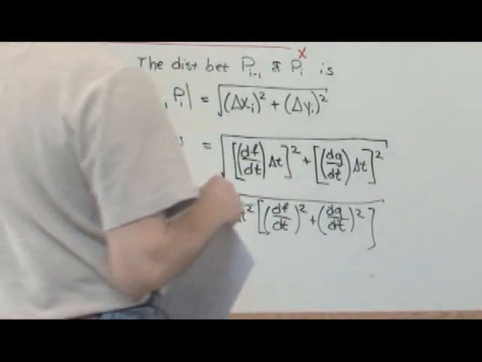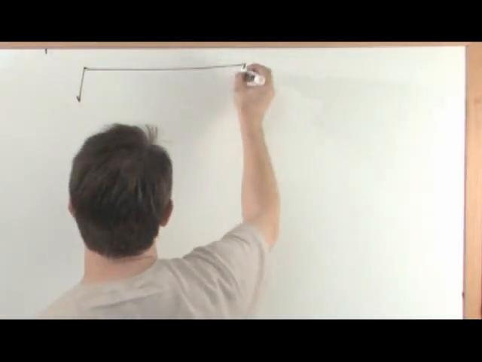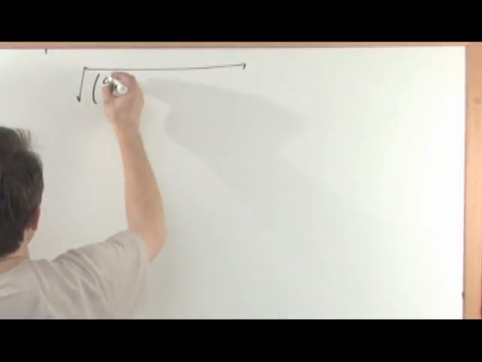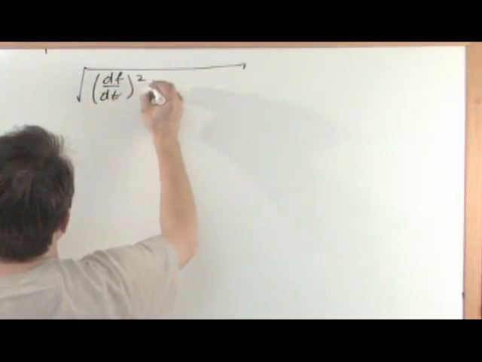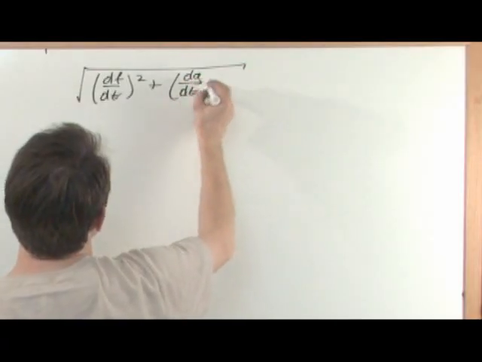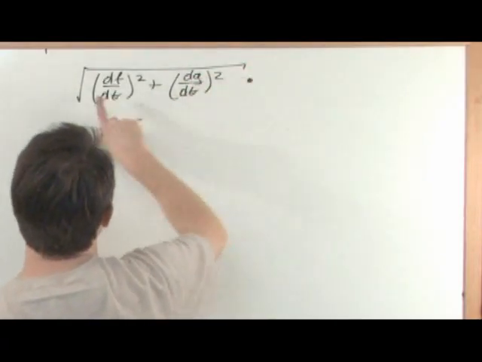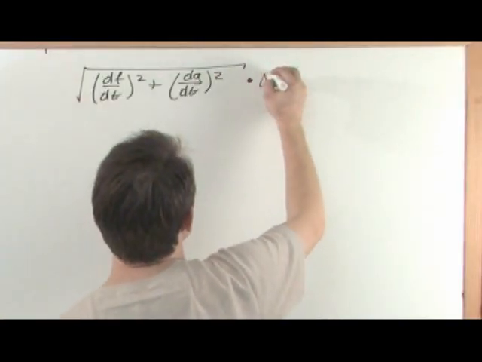So let's continue simplifying. On the inside, I would simply have my df dt squared plus dg dt squared, and that delta t that was squared in here, I'm going to square root it and put it at the end, delta t.